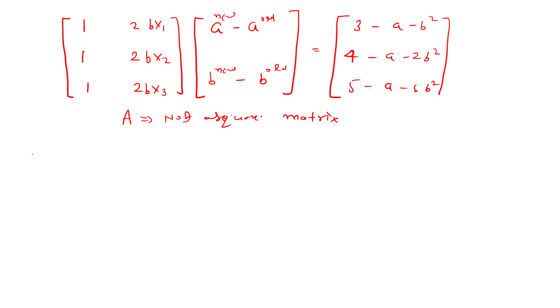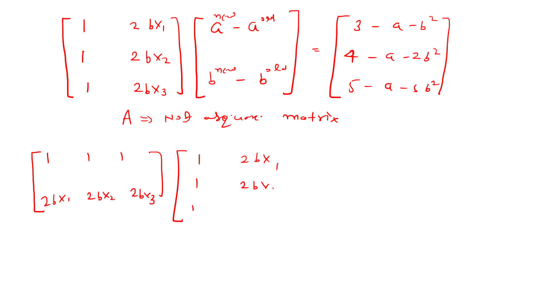So both sides will be multiplied by 1, 1, 1, 2bx1, 2bx2, 2bx3, and then we have 1, 1, 1, 2bx1, 2bx2, 2bx3, and then this a new minus a old, b new minus b old.